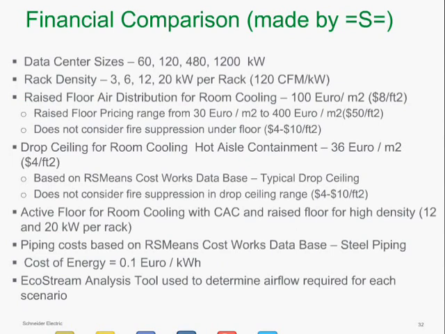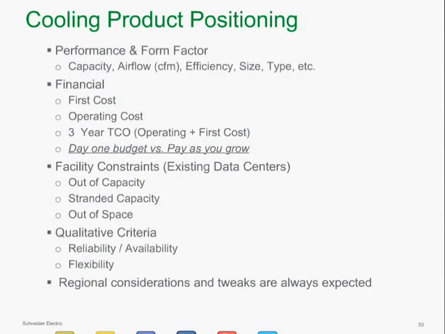And we used our own EcoStream CFD tool to really validate all the assumptions that we made in the design and implementation of these architectures. And what we found, talking to customers, was that most customers were keying in on things like performance and form factor, financial analysis that includes first cost and TCO, and then also various facility constraints and qualitative requirements, and also regional tweaks.